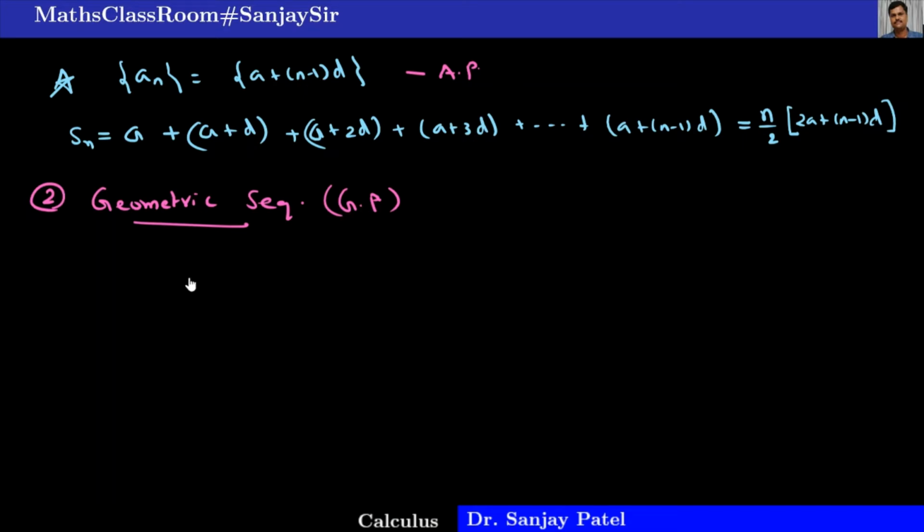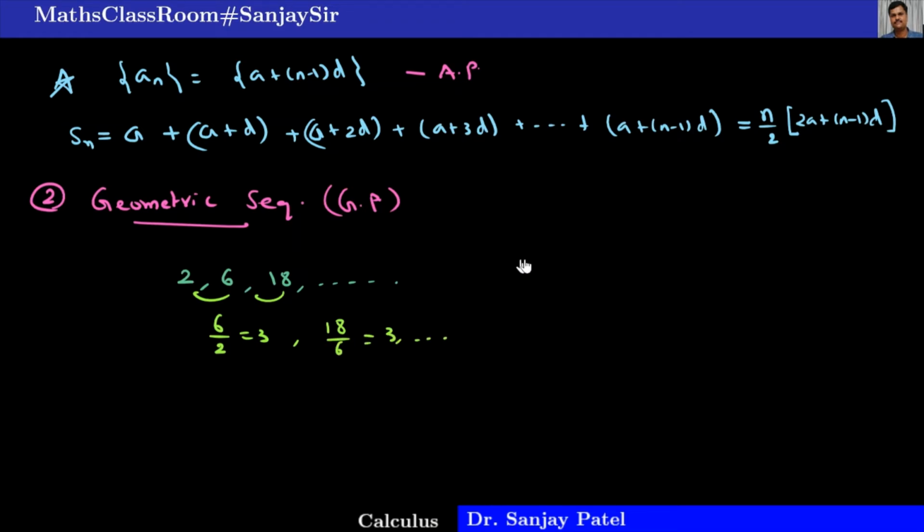For example, suppose I write a sequence like this, say the first term is 2, then 6, then 18, and so on. Then if you take the ratio, it is 6 by 2, that is 3, then 18 by 6, that is also 3, and so on.